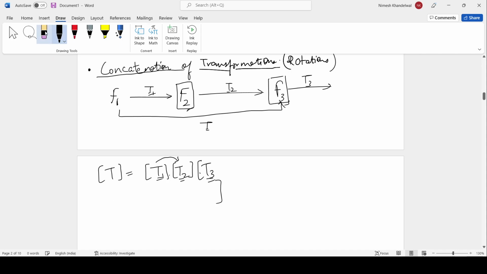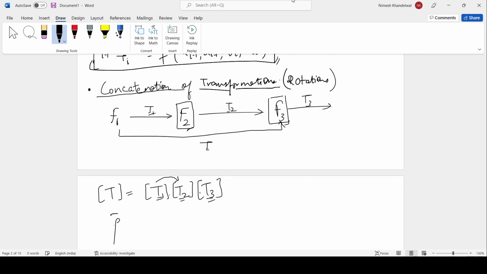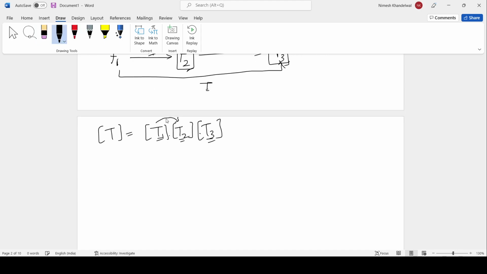Now, let us take again the case of frame F1.